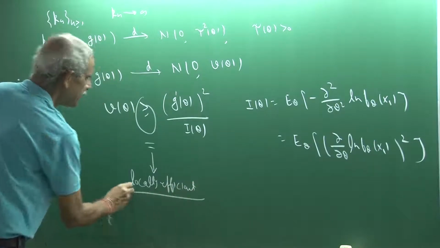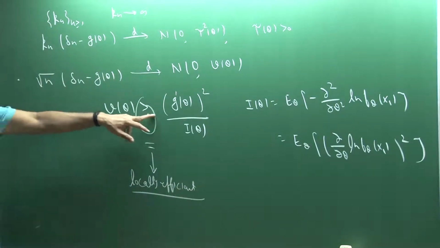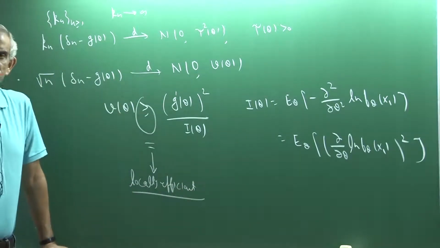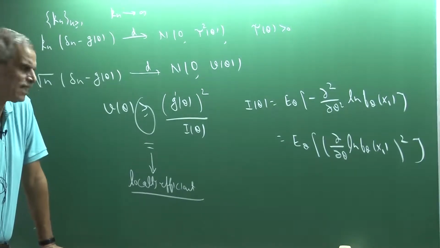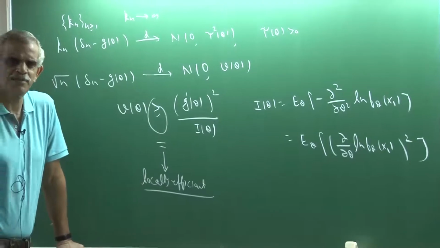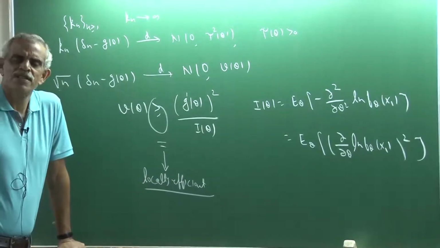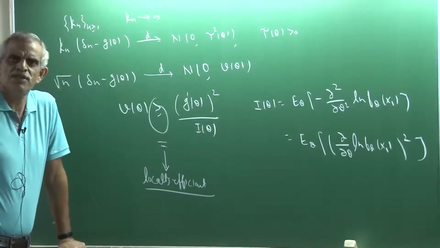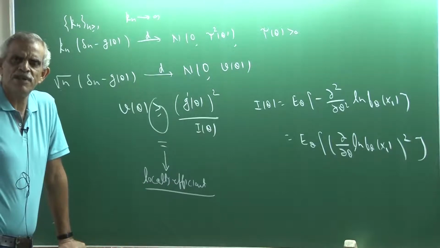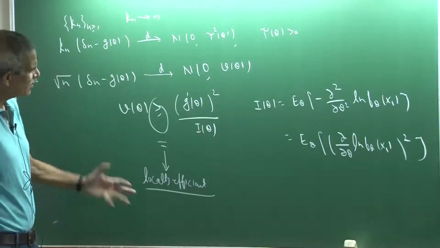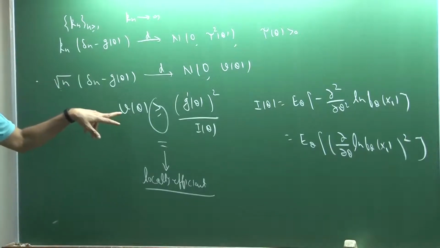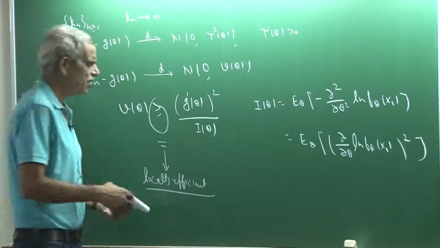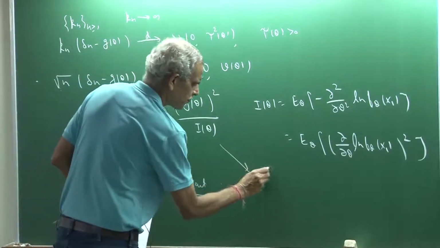Now this result holds under certain regularity conditions, which of course are satisfied in the case of exponential families, and those regularity conditions are basically that your PDF is twice differentiable, the double derivative is bounded by a function which is integrable, and so on. But even under those conditions, it says that this inequality holds almost everywhere.